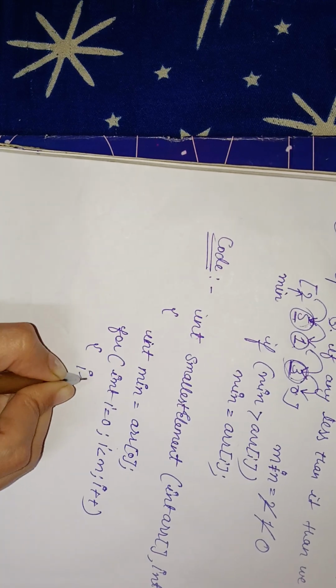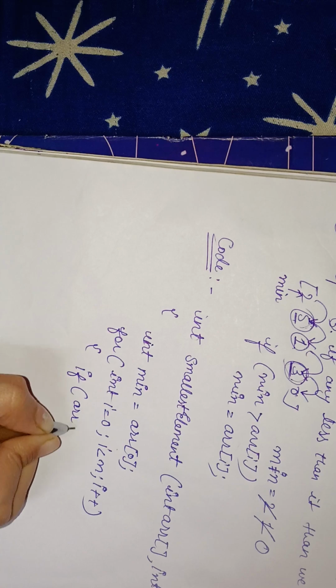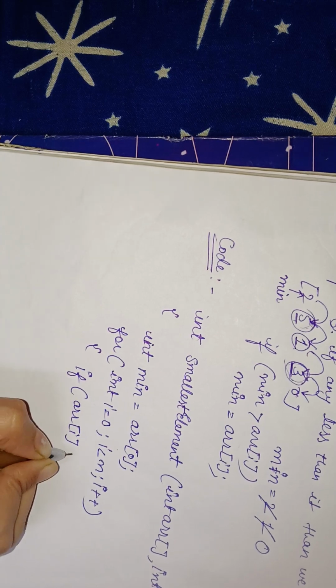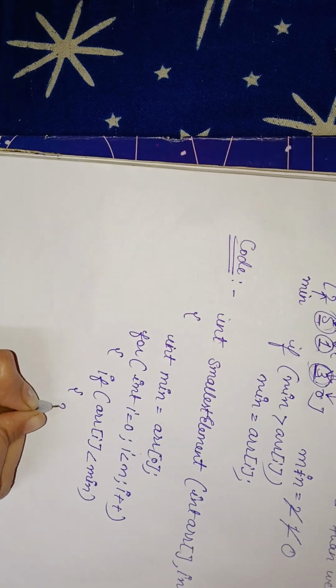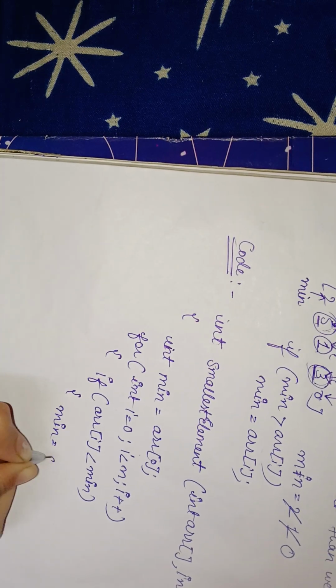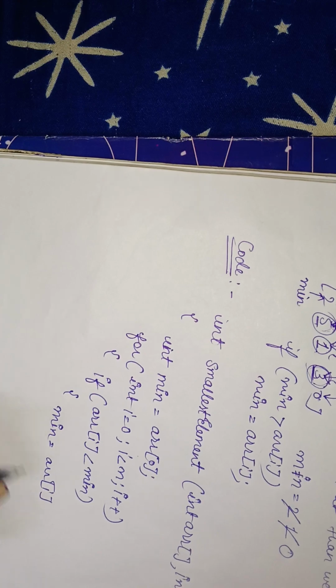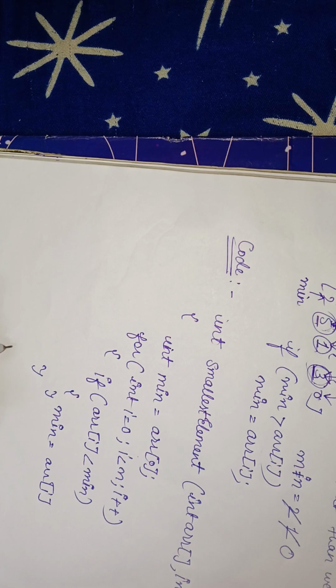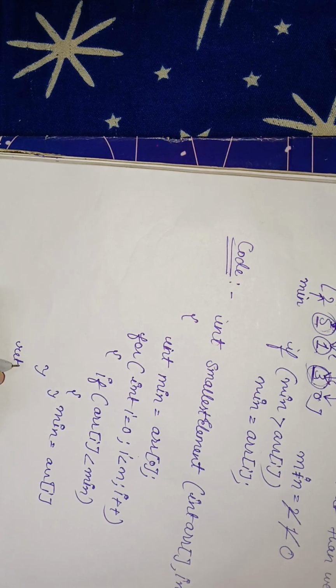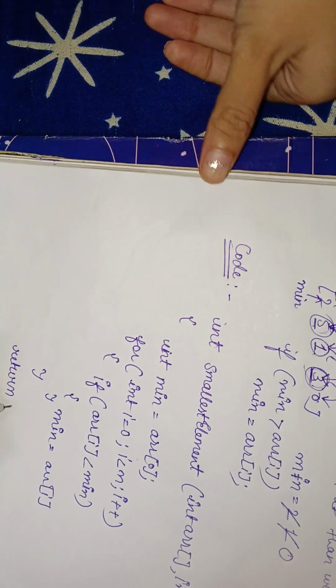If array of i is less than min, then we update min by array of i, and at last we return min.